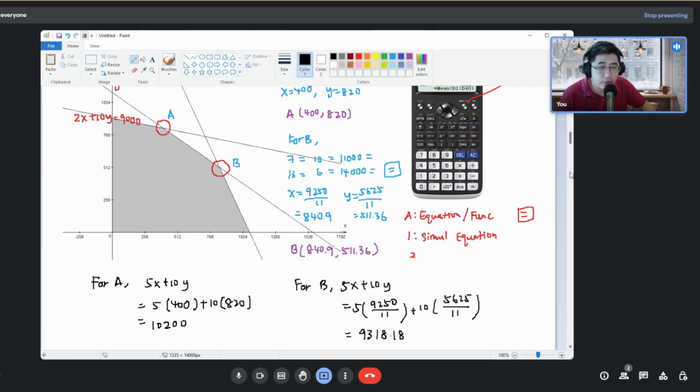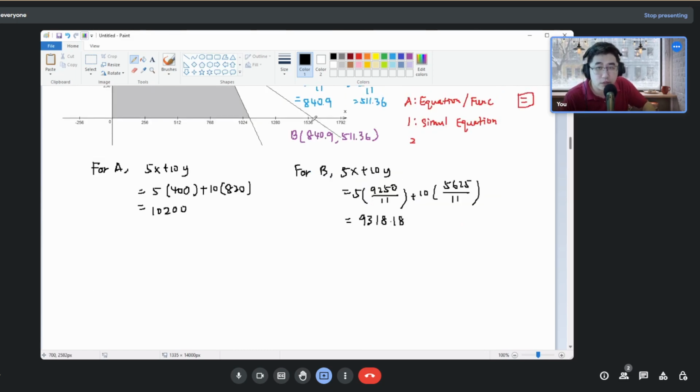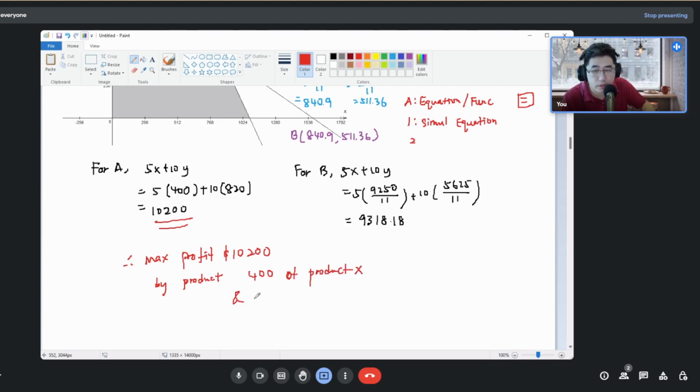It is very obvious that 10200 is the biggest; it is bigger than this. Therefore, our maximum profit is 10200, by producing 400 of product X and 820 of product Y.